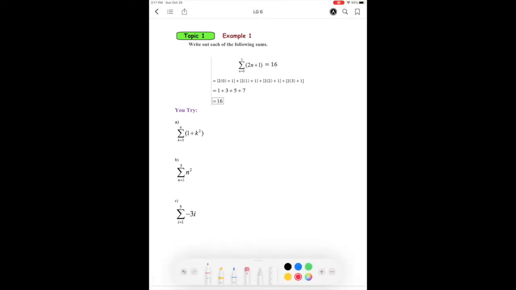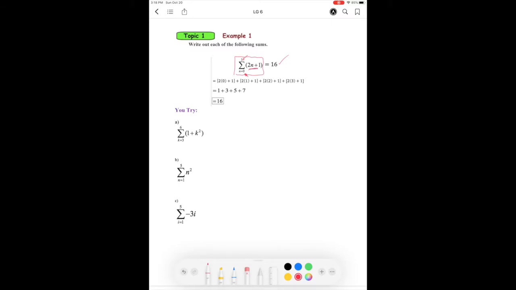Okay, so let's try some examples here. Right off the bat, I have a question, and I did this example right here. There's a question you get, and there's the answer, but how did I get that? So watch how I did it. The upper limit is 3, and the lower limit means we're starting at 0.